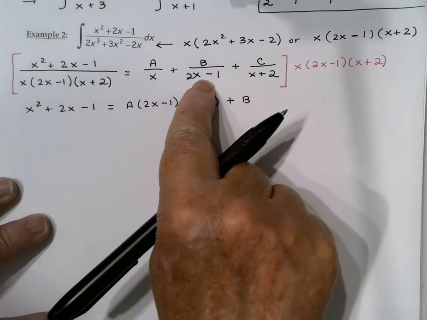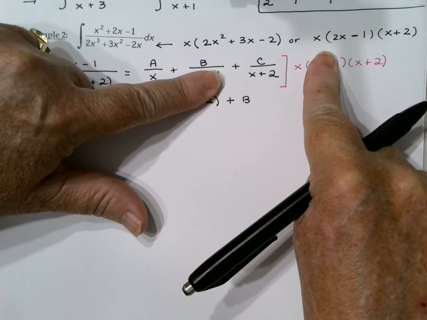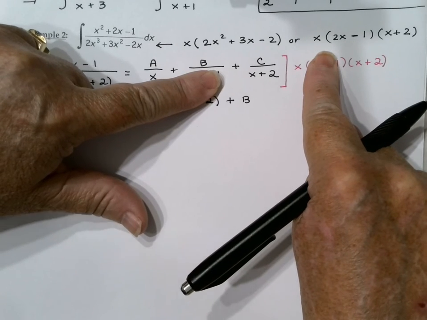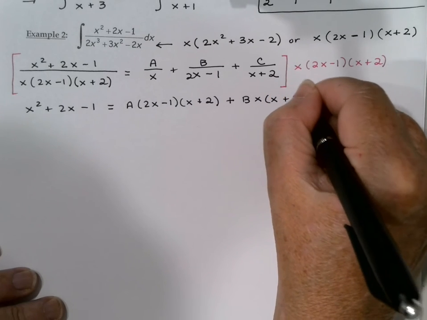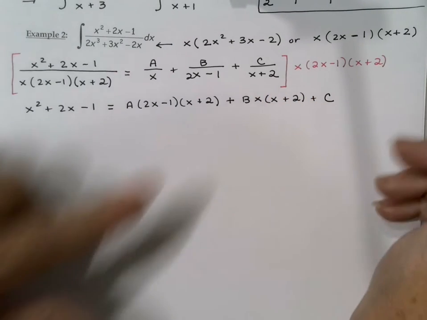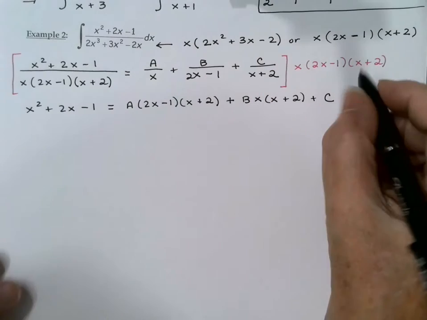For the b, the 2x minus 1s are going to cancel, so that'll be multiplied by x plus 2. And the c, when the x plus 2's cancel out, I would get 2x minus 1.